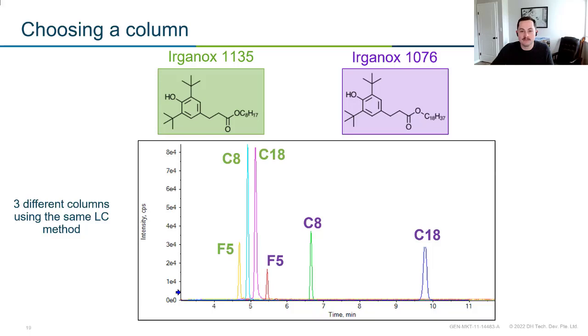And this might be what you're after. You might really want that much separation. Maybe you have a bunch of polymers you're looking at and you really want them spread out. In my scenario, when I was doing this experiment, that's not what I wanted. So I ruled out the F5 just because of that intensity, but I ended up choosing that C8 because it gave me enough separation between the analytes I was interested in, and then I can shorten up the method when I use my chromatography, like we'll talk about.